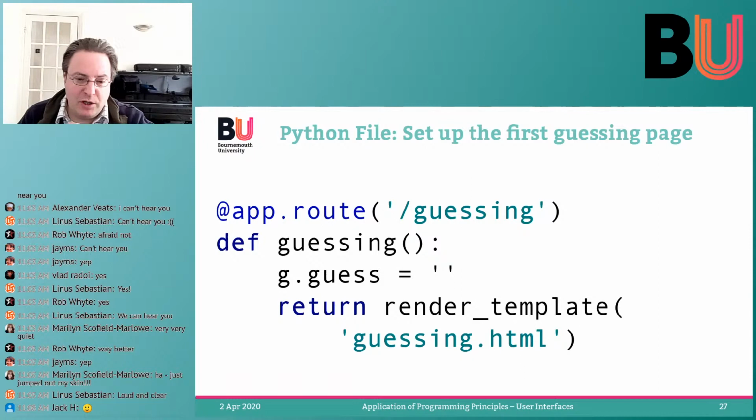The render template looks for this guessing.html file that we give as a parameter in the template directory, and then it goes through that template and substitutes the relevant variables into that document. That way you can mix and match your HTML with your Python code in hopefully the best way possible. And the G property is a special one that's available through Flask, so that it also becomes available to your template.